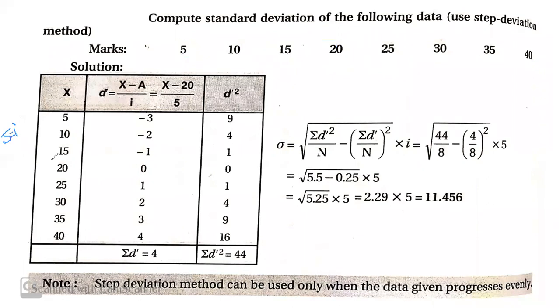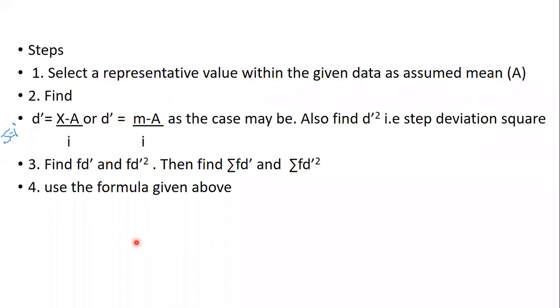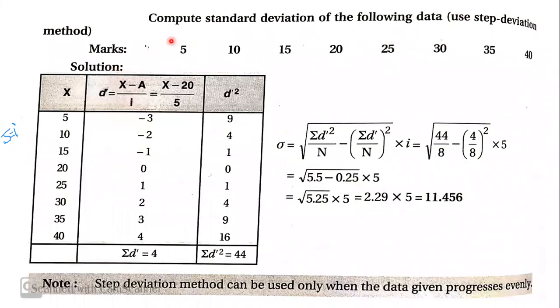Next, after writing this into a column, the next column for us will be D dash. Now D dash, how to find out? We saw a formula here for D dash, that is nothing but X minus A divided by I. So we'll use this formula here, X minus A divided by I. Now in X minus A divided by I, we have X already given, that is 5, minus A. A is supposed to be an assumed mean.